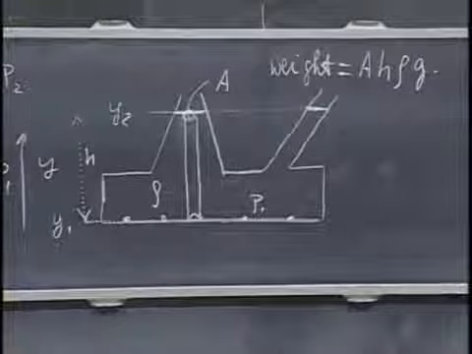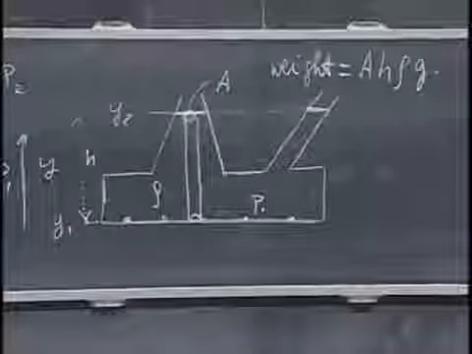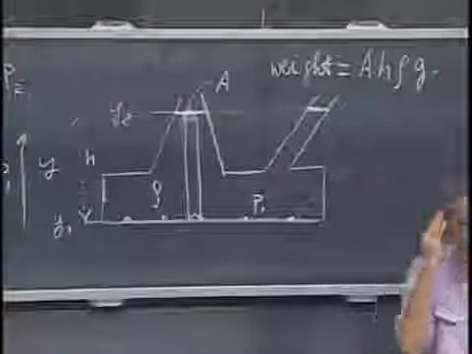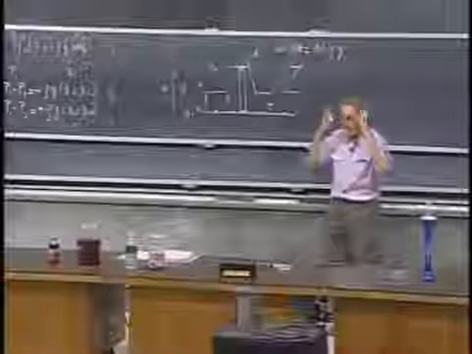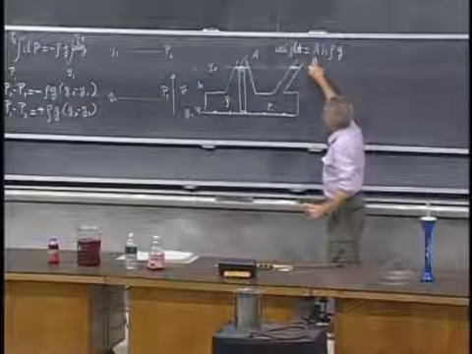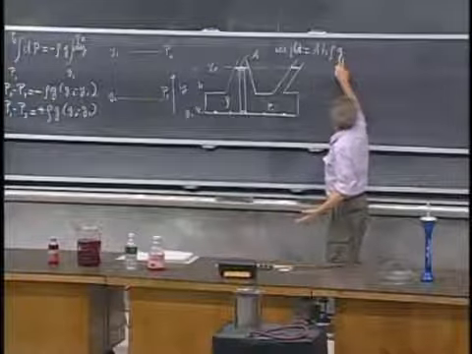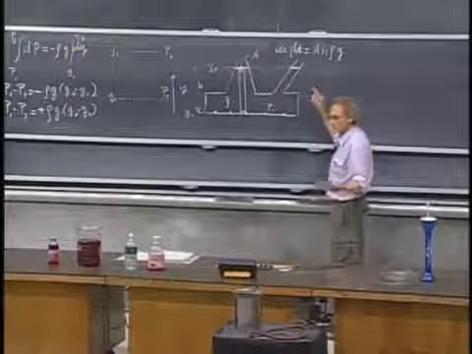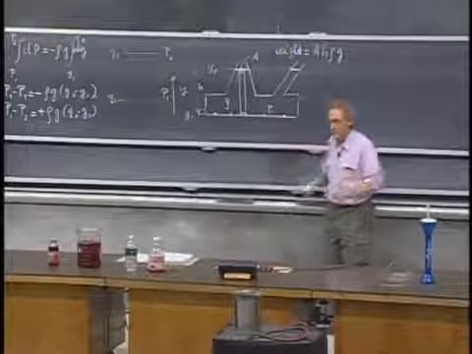And so you would say that's a force. The weight, the bottom here has to carry that weight. And so the pressure at the bottom is that weight divided by the area. So that is rho g h. So you would say that's very clear.